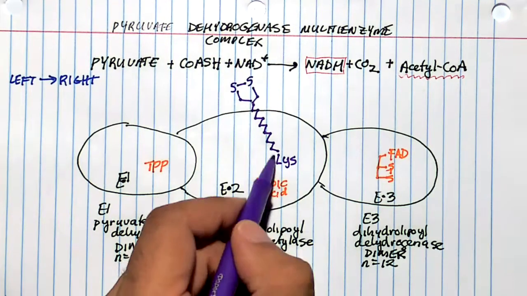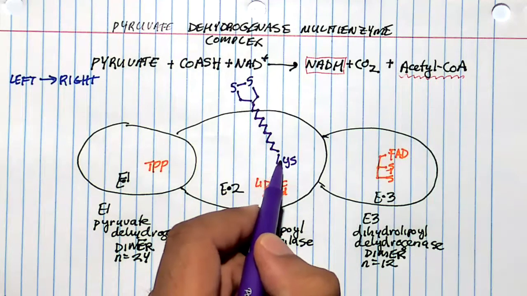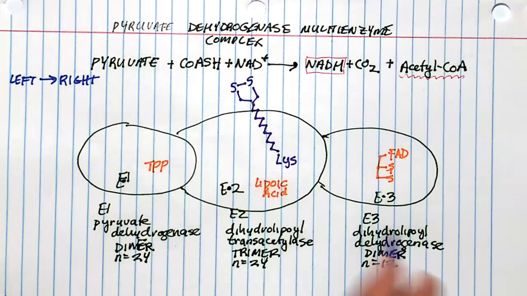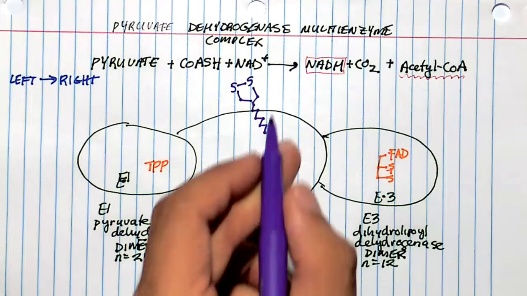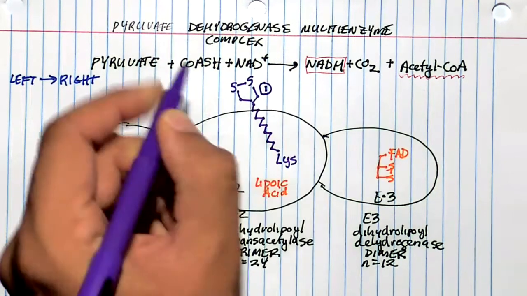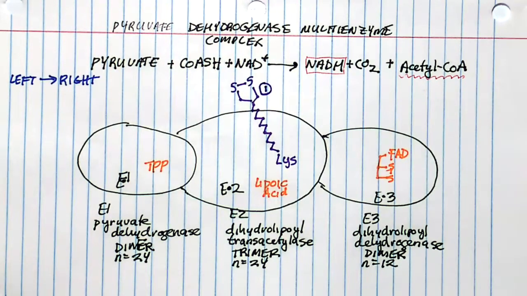Okay, so that is lipoic acid conjugated to the side chain of lysine. It's actually conjugated to the epsilon amino group of the lysine residue. All right. And so that is form 1 of this long chain, about, as I stated before, 12 angstrom tether or 12 angstrom swing. Okay, so that is going to be associated with enzyme E2.